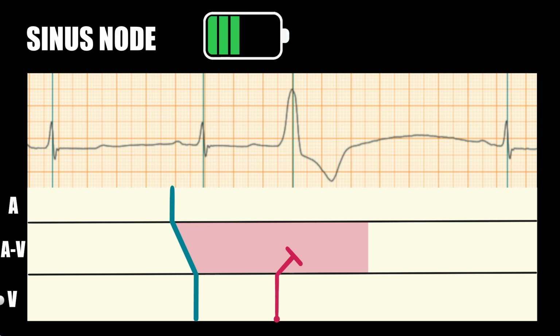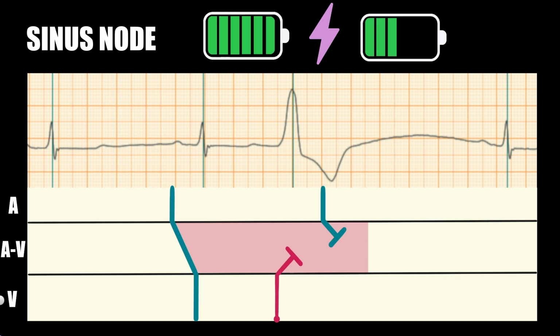While the PVC occurs in the ventricles, the sinus node starts to prepare the next sinus impulse, like the charging of a battery. But the next sinus impulse also finds the AV node in the refractory period, so it can't be conducted to the ventricles. But the sinus node again starts to prepare another impulse, and this one reaches the AV node after the termination of the refractory period, so it easily conducts to the ventricles.